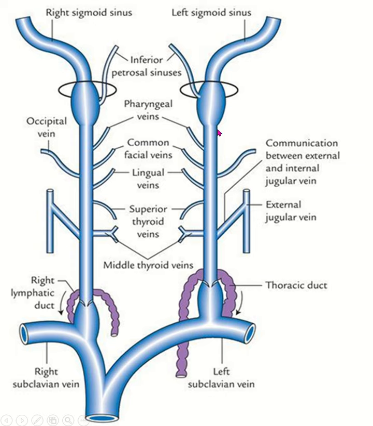Now the bulbs. There are two bulbs present in the internal jugular vein, the superior bulb and inferior bulb. The superior bulb is situated at the origin of the internal jugular vein within the jugular foramen of the skull. It is continuous with the sigmoid sinus of the dura mater above. It facilitates smooth blood flow from the intracranial venous sinuses to the internal jugular vein.